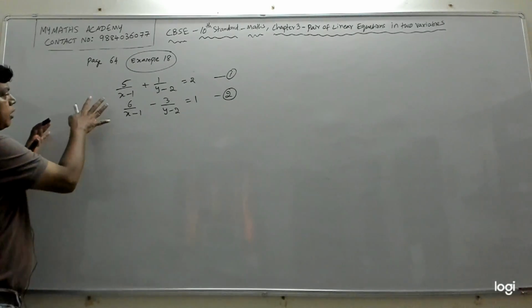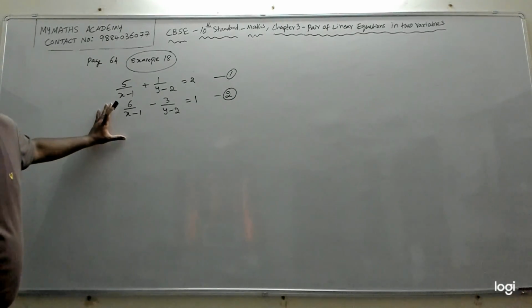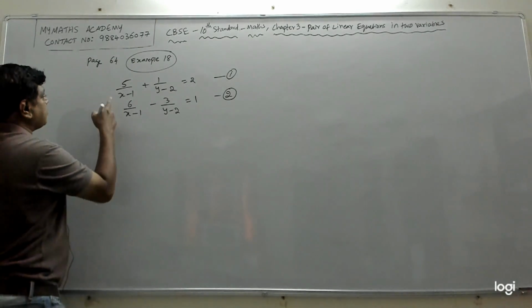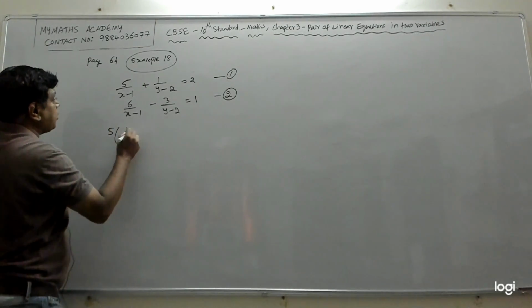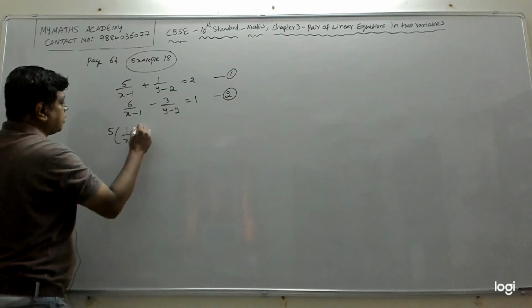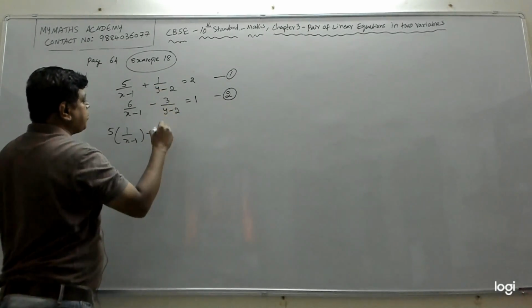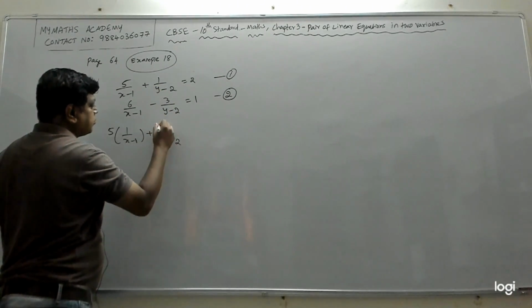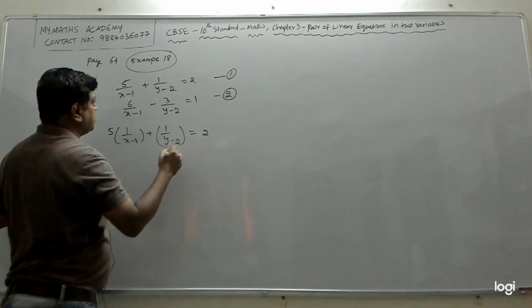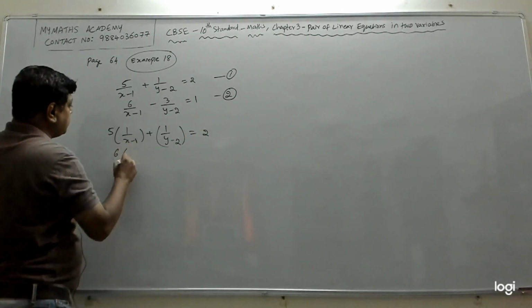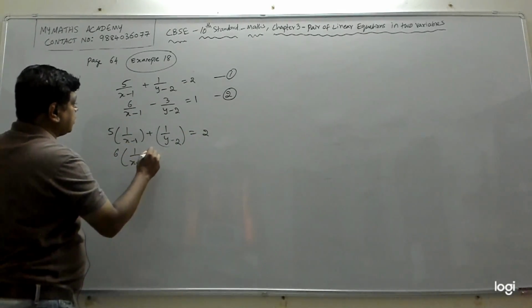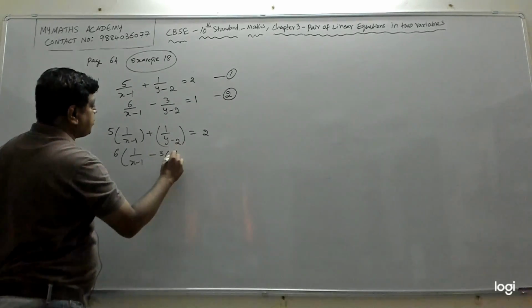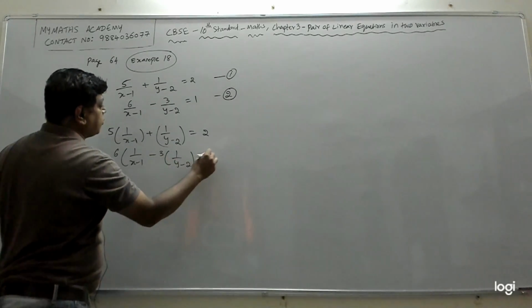Now when you observe the given set of equations, the first equation can be written as 5 into 1 by x minus 1 plus 1 by y minus 2 equal to 2. Then this is 6 into 1 by x minus 1 minus 3 into 1 by y minus 2 equal to 1.